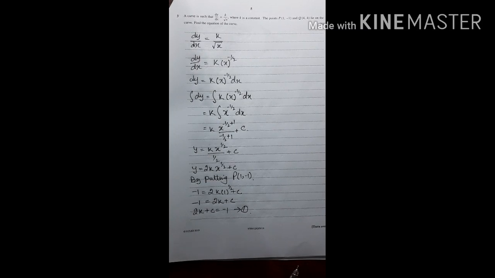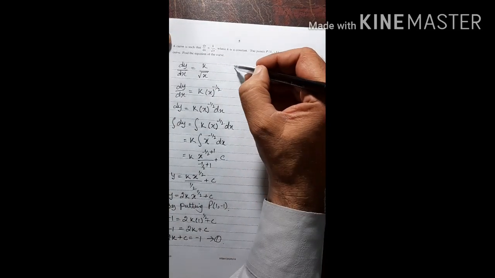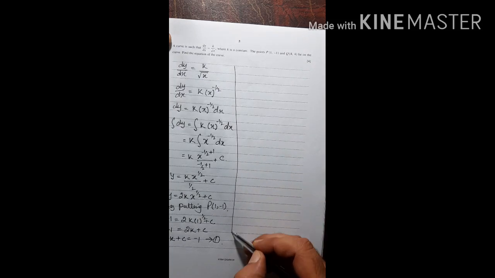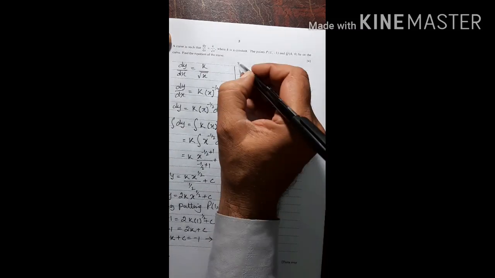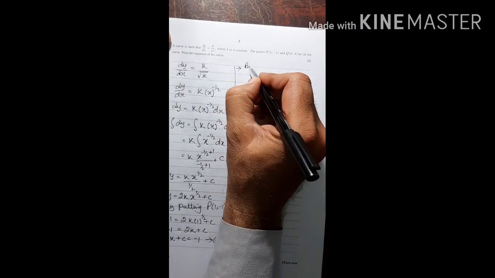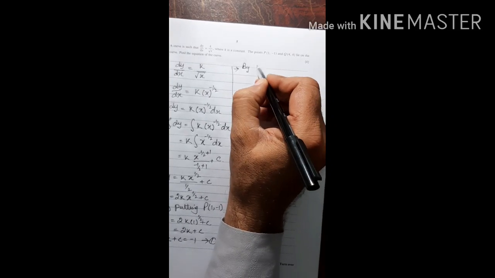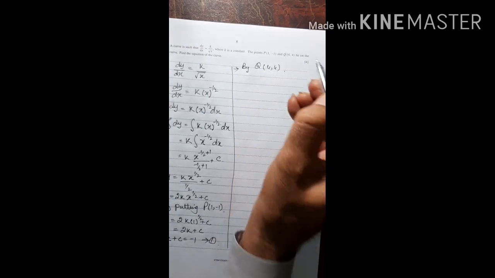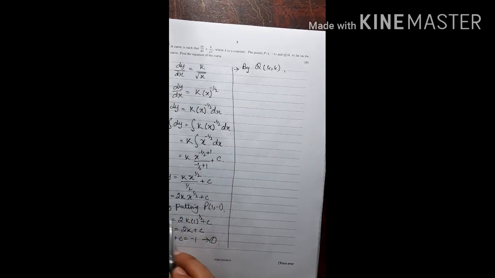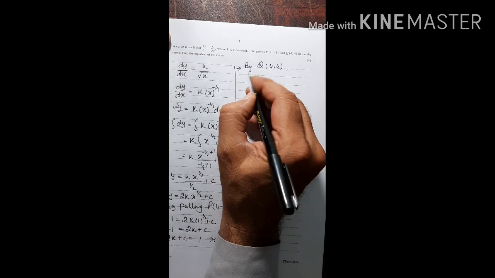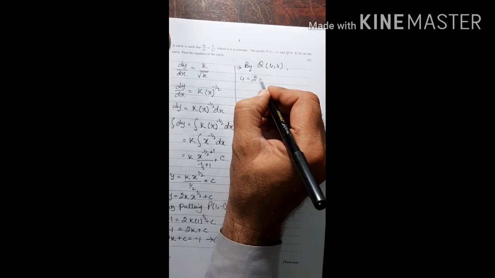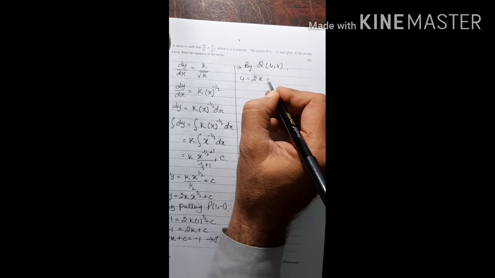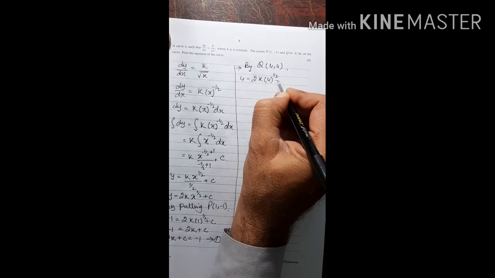Now I'll put the second point. So I'll make a line here so that I can use the next half of the part. So by putting Q(4, 4), this line will become 4 is equal to 2k, 4 power 1 by 2 plus c.